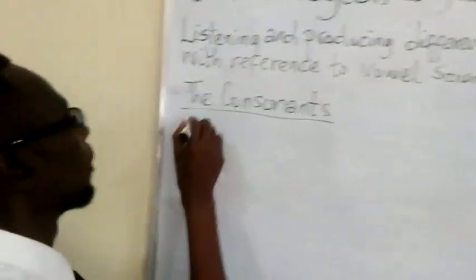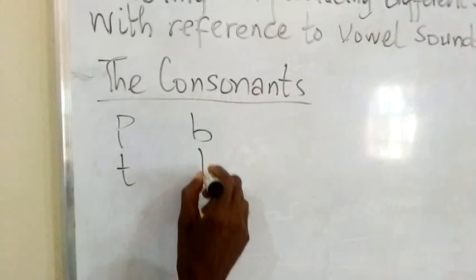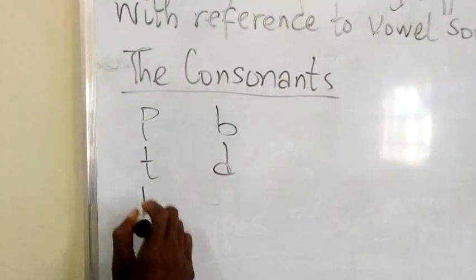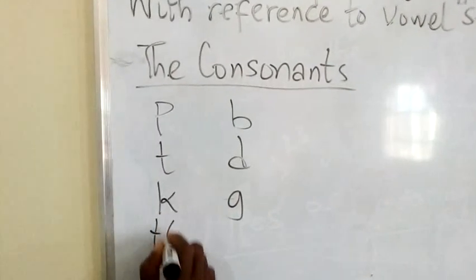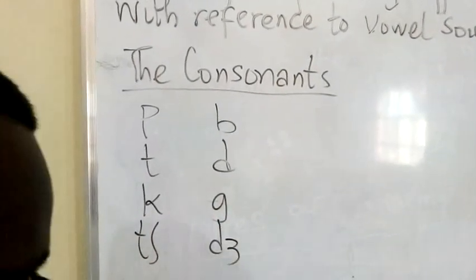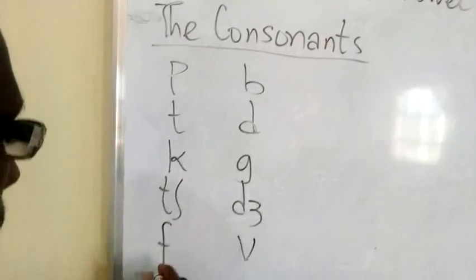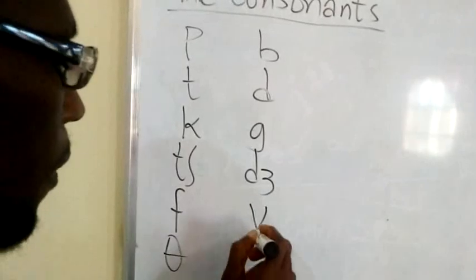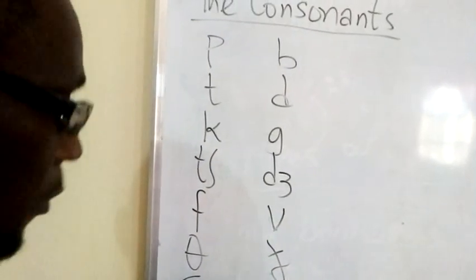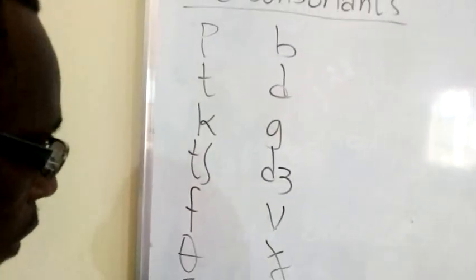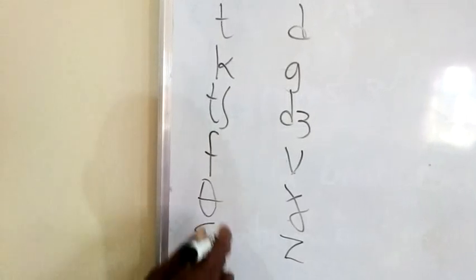So we go, these are consonants. This one is like S, it's like this, but this one is taller and thinner than this one.